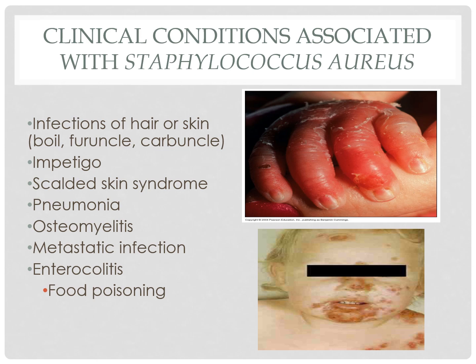There are several different conditions associated with Staphylococcus aureus infection. For example, you can have an infection of the hair or skin, and those are called boils, furuncles, or carbuncles. A boil and a furuncle is a hair follicle infection, whereas a carbuncle is an infection of the deeper layer of the skin tissues.